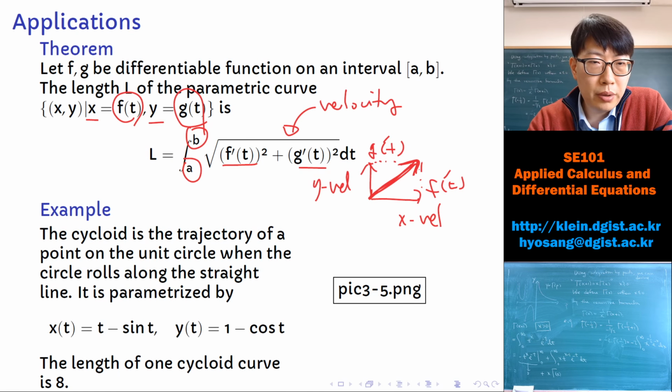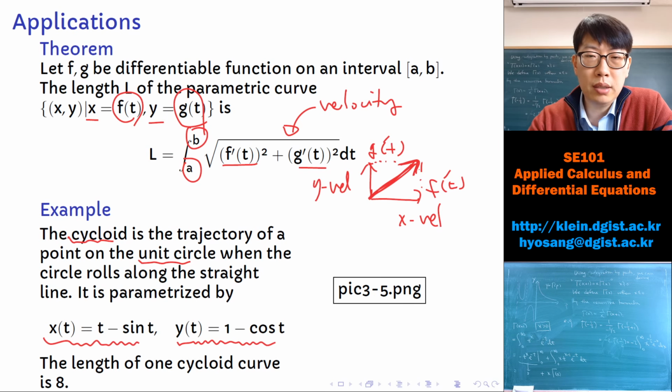When you have a cycloid, the cycloid is the trajectory of a point on a unit circle rolling over a flat surface. So you have the parametric equation of the cycloid as x(t) equals t minus sine t and y(t) equals 1 minus cosine t.